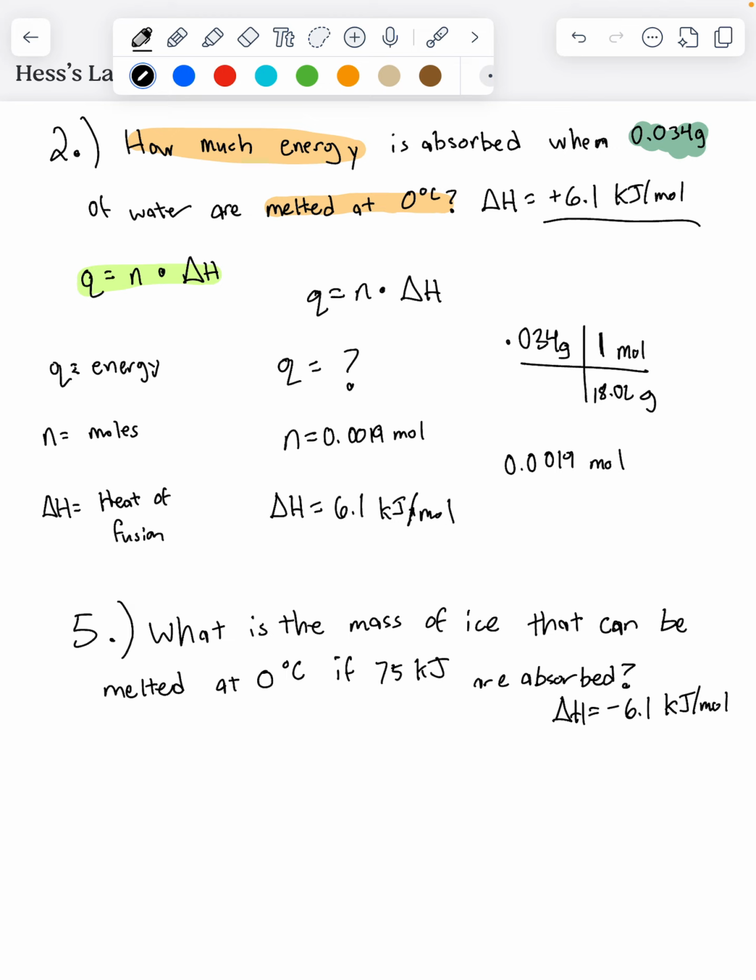So to find this, we are going to multiply, as it lists, N times H. So 0.0019 times 6.1. And we get 0.012 kilojoules. It's a pretty small number there.